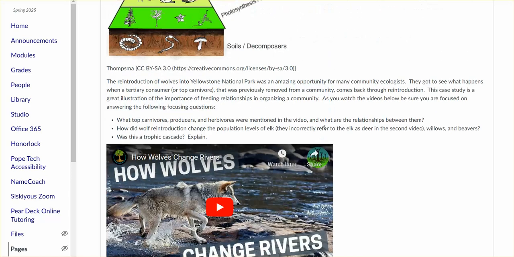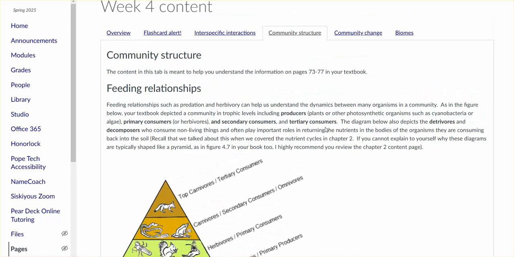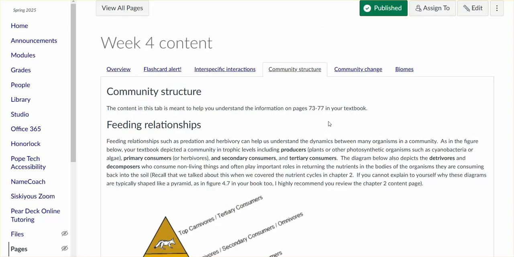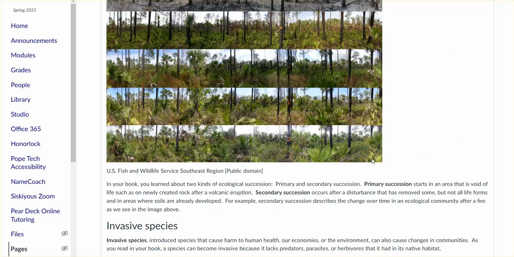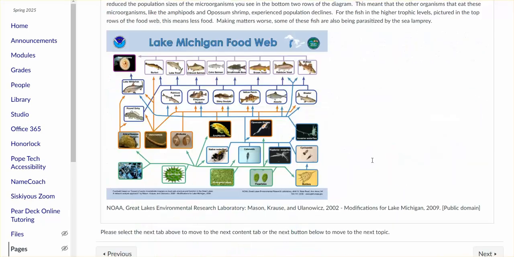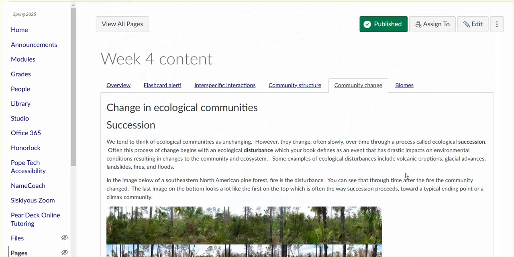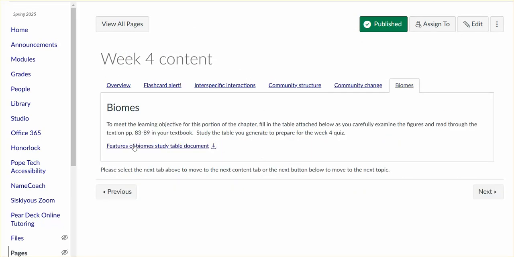Here's some tools to help you get to know some of the material in your textbook on pages 73 through 77 about community structure. There's some information here about community change, otherwise known as succession. And then for the biomes, really pretty much there's just a study table here.